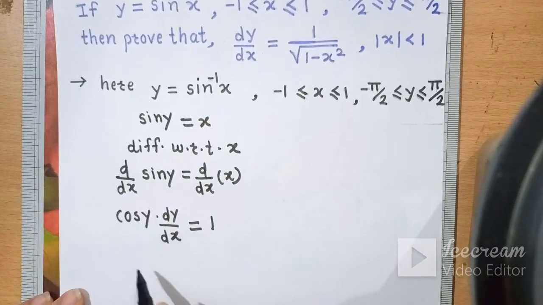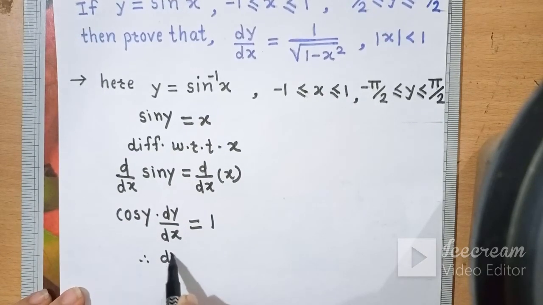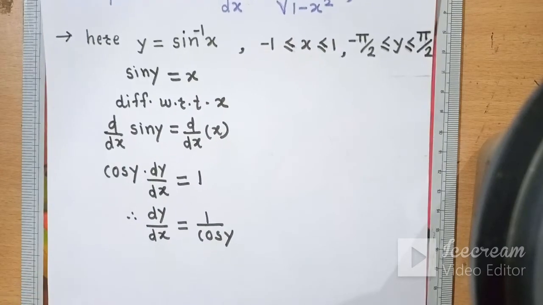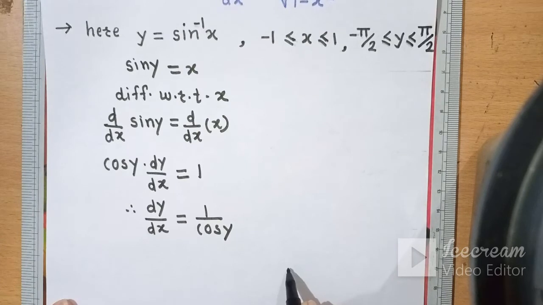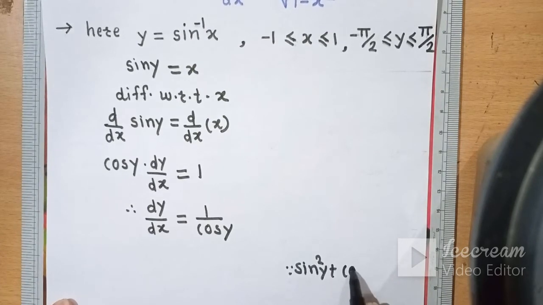Again move this term there, and therefore dy by dx is equal to 1 upon cos y. Now we know the identity sine square y plus cos square y is equal to 1. So again move this term.